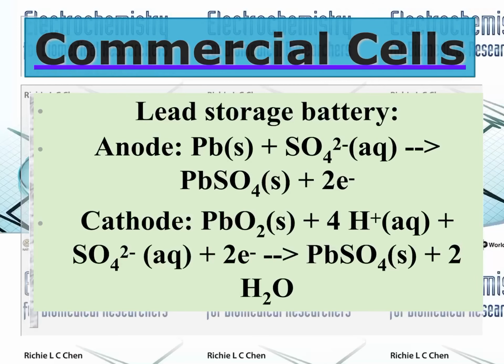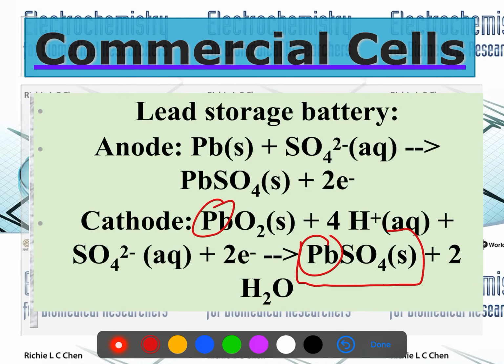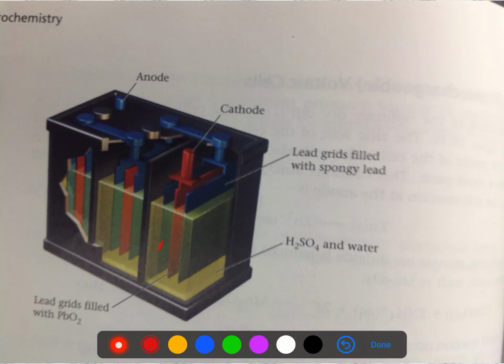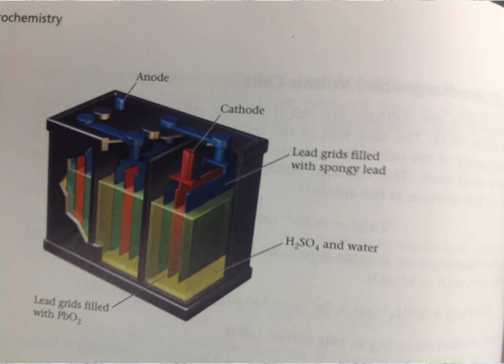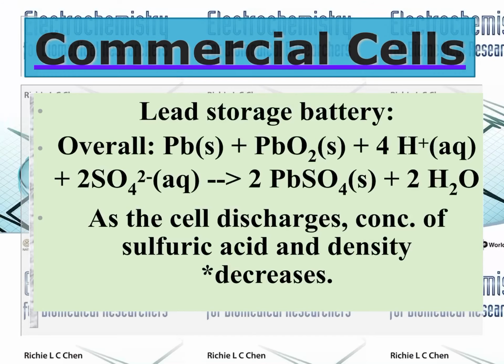Now, the problem with this is one of the products of this is the lead sulfate solid. This lead sulfate solid tends to accumulate on the plates of the batteries, and as it accumulates, eventually the solids on the plates will touch and the car battery will go dead because it short circuits. That's one issue with the battery.